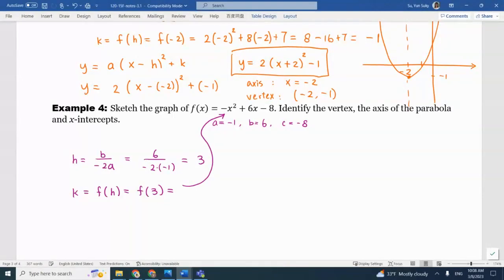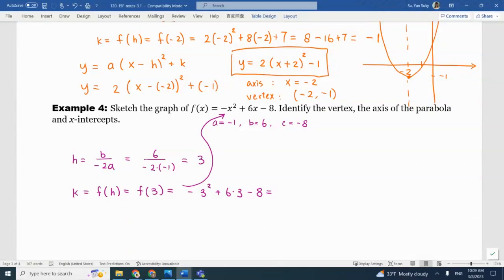So we plug into the function. Whenever we see x, we replace x by 3, right, everybody? So we have negative x squared, replace x by 3: negative 3 squared plus 6 times 3 minus 8.